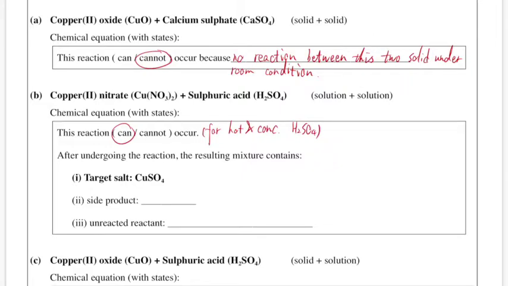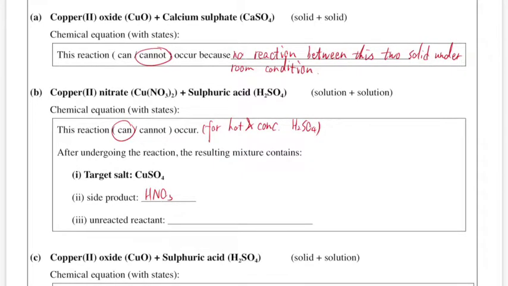Okay, so after undergoing the reaction, the resulting mixture should contain, of course, our target salt. And then, what will be the side product? If we take away the cation and the anion that we want for the target salt, then it should be left with the things that aren't included in the target salt, which is the nitric acid.